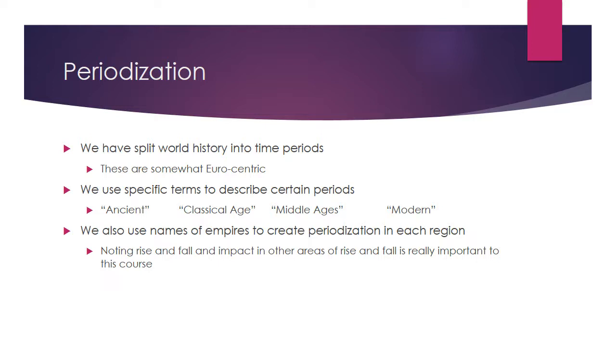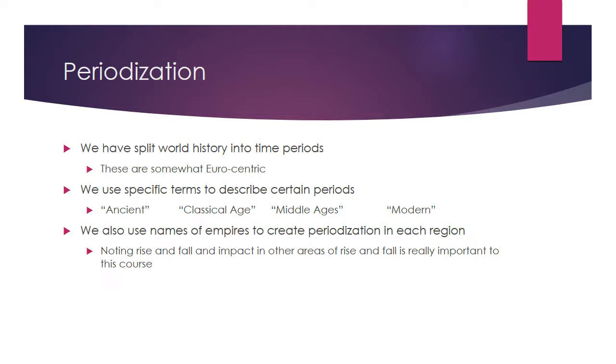We also use names of empires to create periodization within each region. So we will see empires across the periods that we have established. Something like the Ottoman Empire starts in the 1400s, but it doesn't end until 1920. So we're going to be talking about the Ottoman Empire through several different blocks of time within this class.